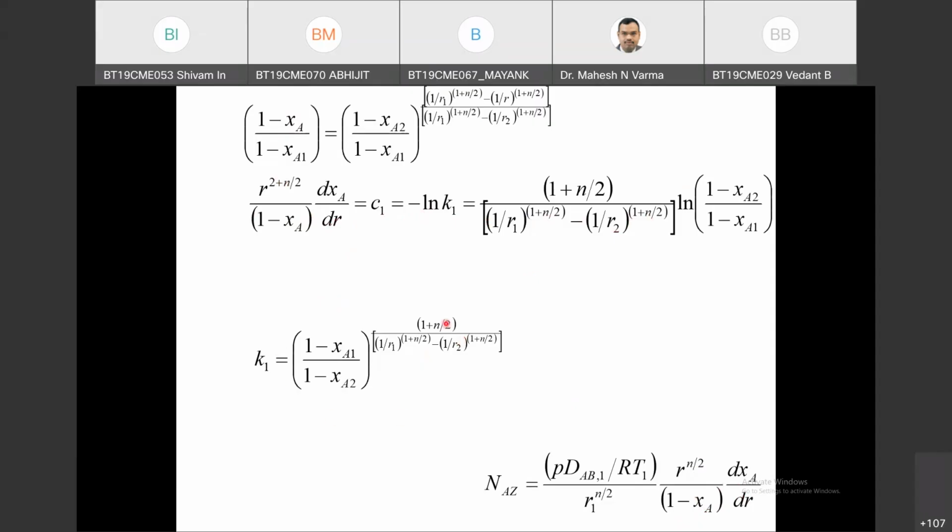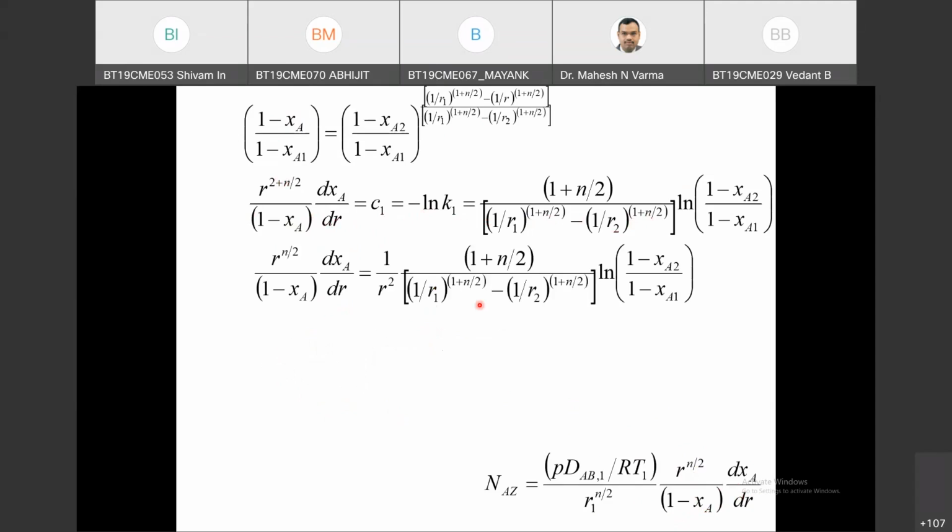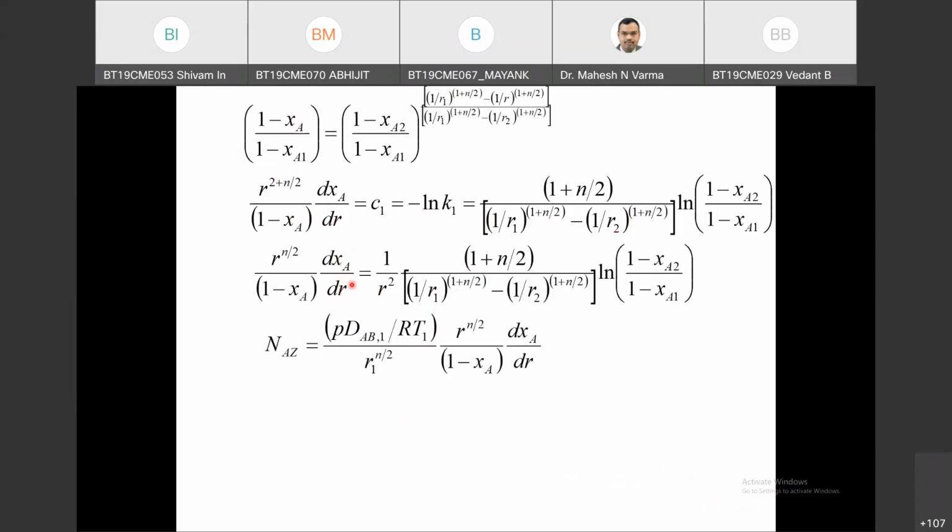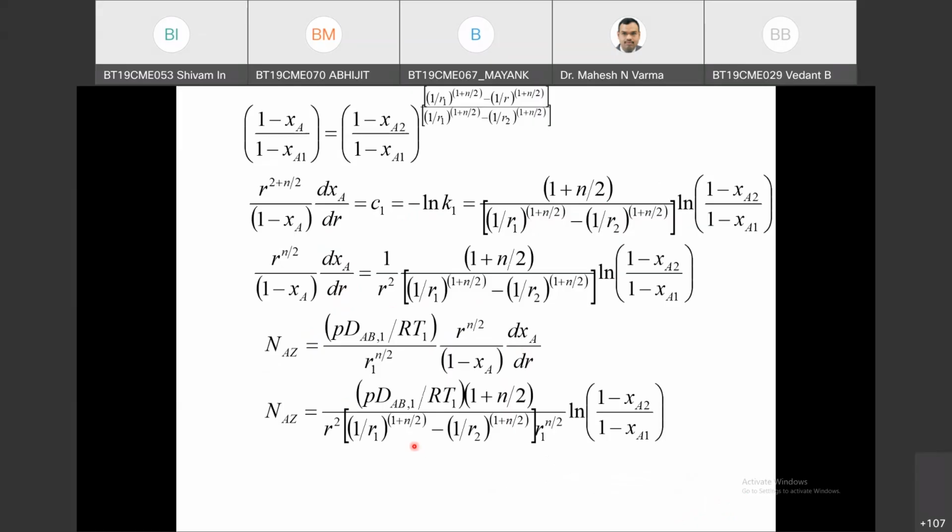And this K1 is equal to this. Substituting this K1 value, I can get the flux. This is how I will get dxa by dr, and I can substitute this dxa by dr here and get the flux profile.